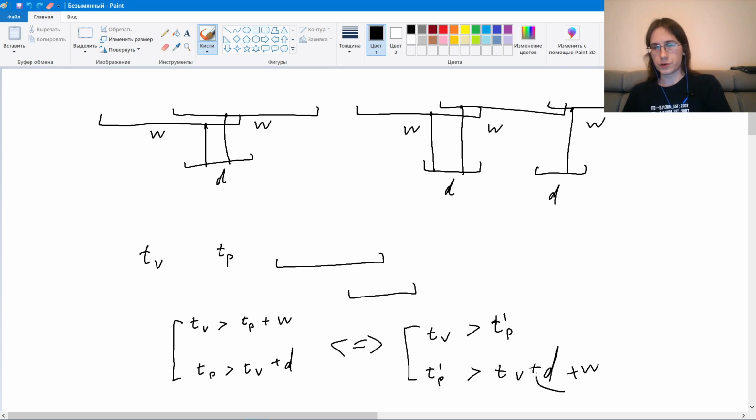It's only important what is their sum. So if we change W to 0 and D to D plus W, the sum didn't change. It means that we can solve the same problem thinking that W is equal to 0 and D is actually D plus W. And the problem will start to sound like this.